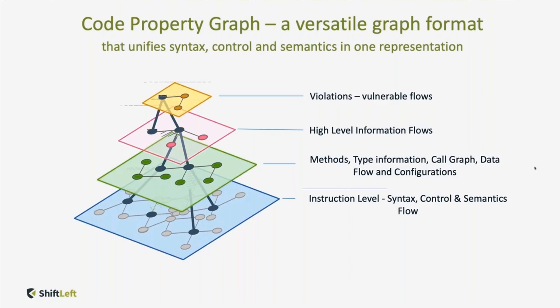So how can we lift up and understand higher level flows from point of initiation to point of lookup at external resources like database, file systems, etc.? And finally, how can we apply policies upon these high-level flows in order to suss out weaknesses or vulnerabilities that might exist in your code?